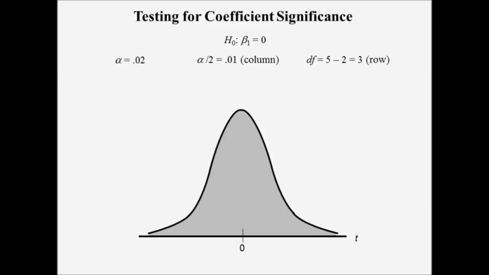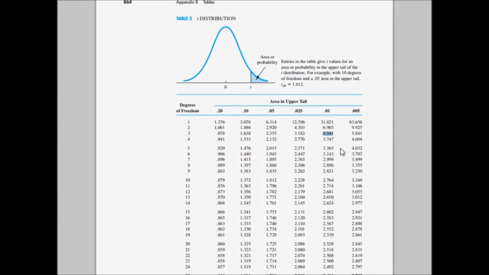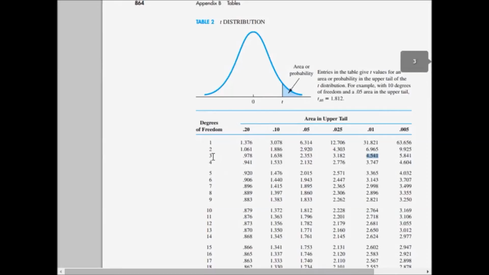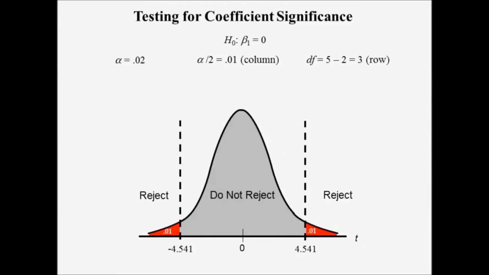We had 5 observations, and we estimated 2 parameters, beta 0 and beta 1, so the degrees of freedom are 3. So we're in row 3 of the t-table. When you go to row 3 and column 0.01, the critical value is 4.541. So we have a negative 4.541 and a positive 4.541, and we have 2 critical values because we have a two-tailed null hypothesis test.